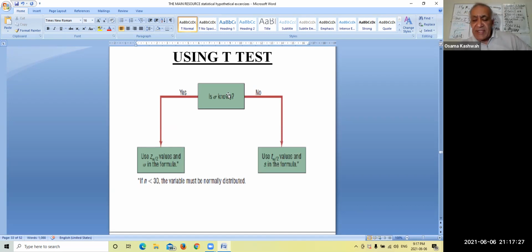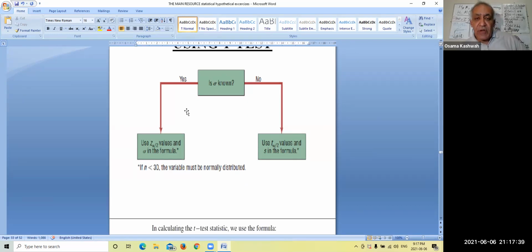Here we go, there is an example now. I will use the t-test. Before this, I used the z-test on the board, but now I will go for an example of using the t-test. Like I told you before, look at the board to see when we use Z and when we use the t-test.